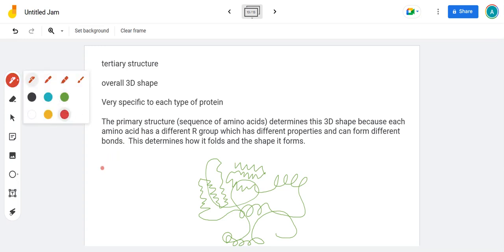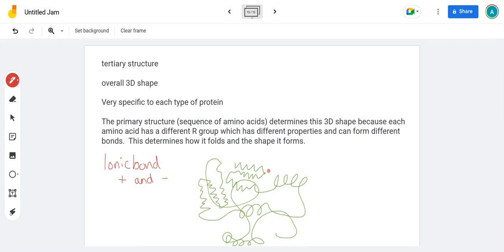Remember we always have to talk about the types of bonds at each stage of protein folding. So the first type of bond is an ionic bond. An ionic bond forms between amino acids that have positively charged R groups and amino acids that have negatively charged R groups.